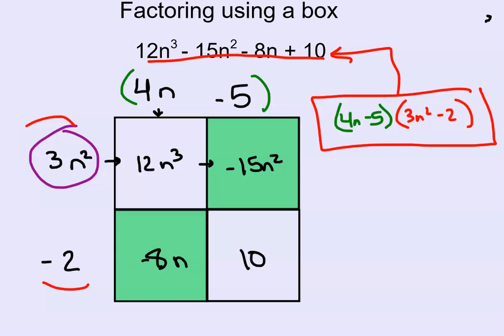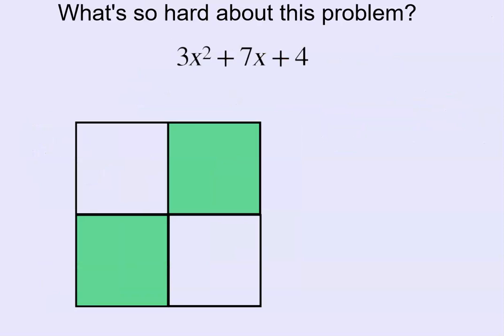So it's very easy when you have 4 terms. You just stick them in the boxes, you figure out what the outside is. Now look at this one. What do you think is so hard about this problem? So we can look at this problem and start figuring it out. 3x squared, we're always going to put our biggest term in the top left-hand box.